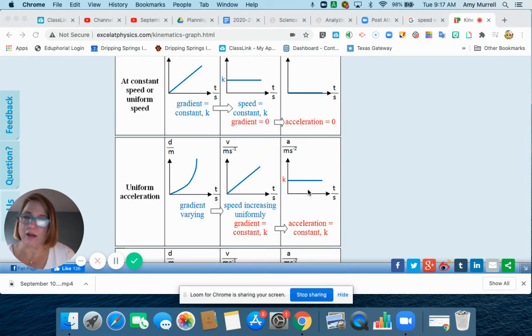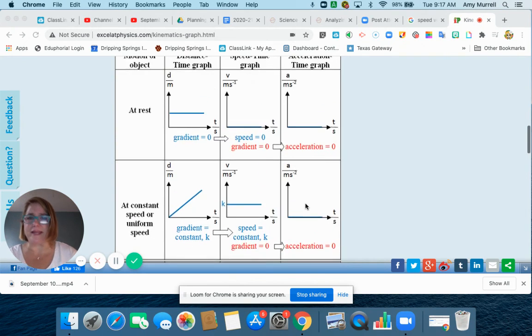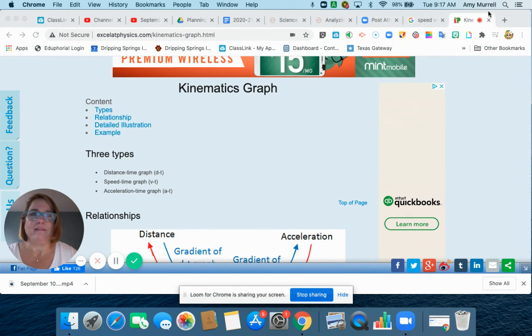And then here on an acceleration graph, as time goes by, your speed is increasing, but it's increasing at the same rate. So the acceleration rate is constant. So you're not sitting down here at zero anymore. You're going faster, but it's going faster at a constant rate. So hopefully that kind of clarifies some of that information for you on speed graphs.